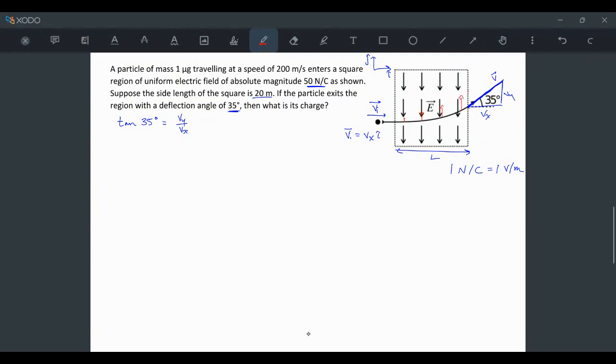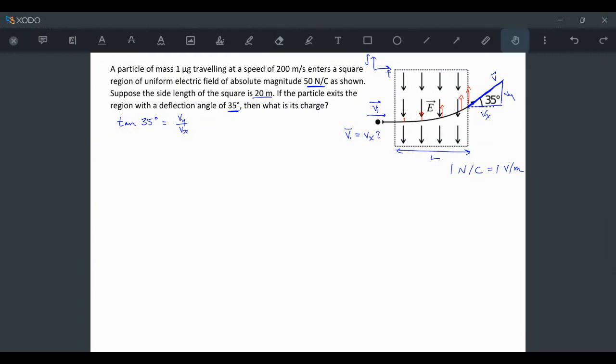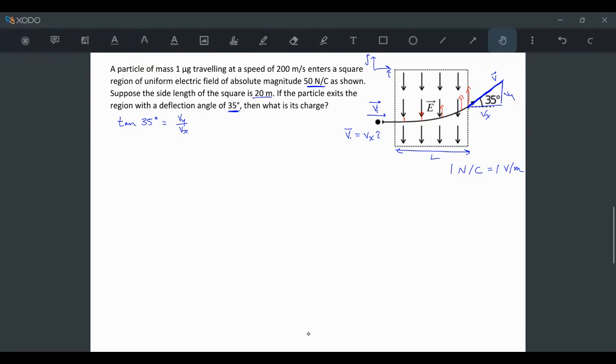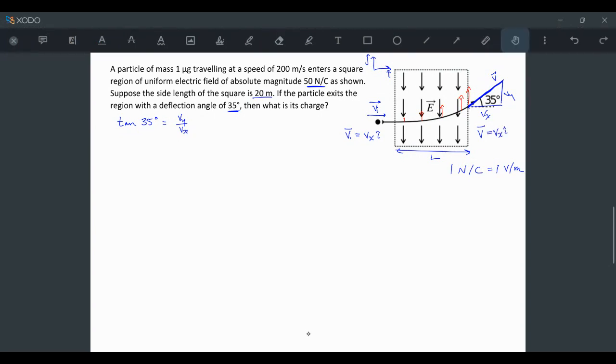It made this growing component of y velocity until we finally left the region of electric field and ended up with a final velocity that had unchanged x velocity. I'm asserting this, I'm not proving it, but I hope you guys will agree. And we had this new Vy.